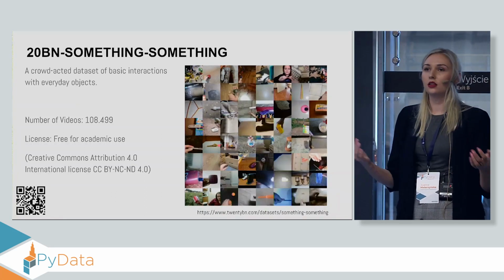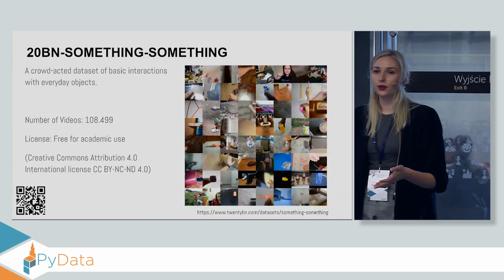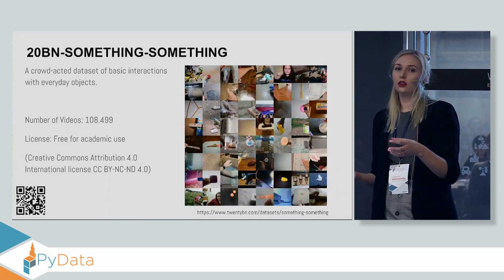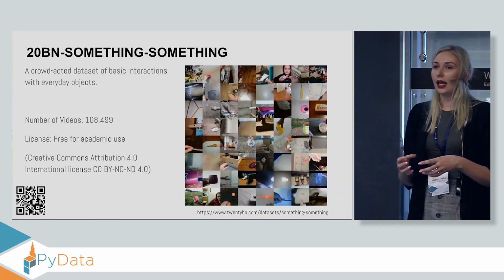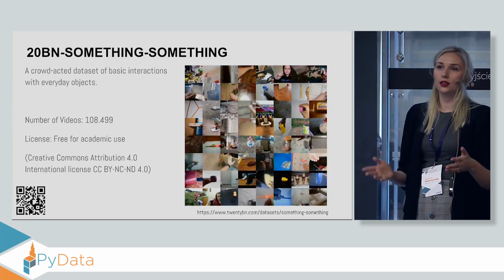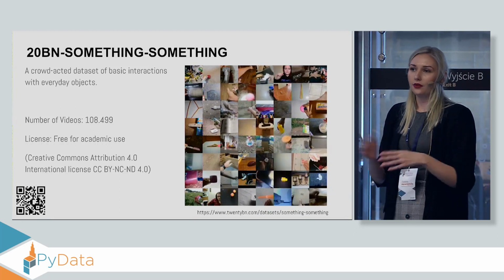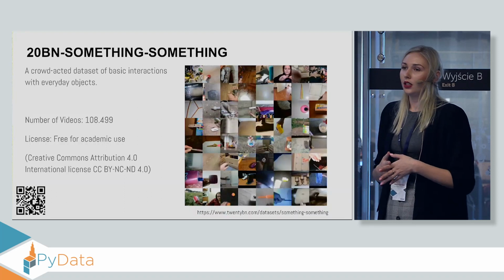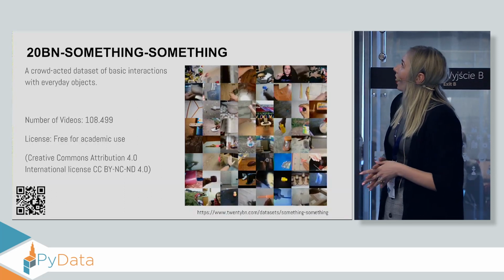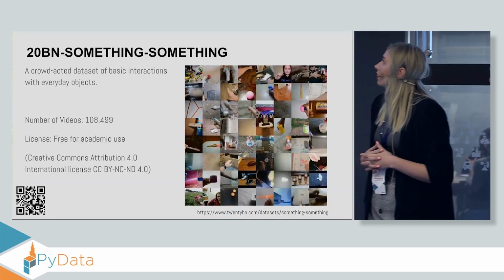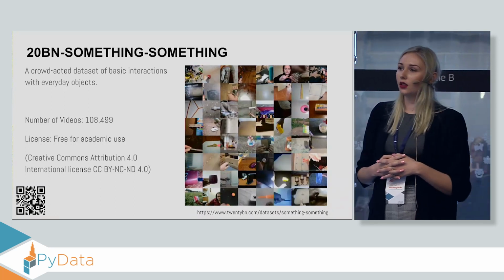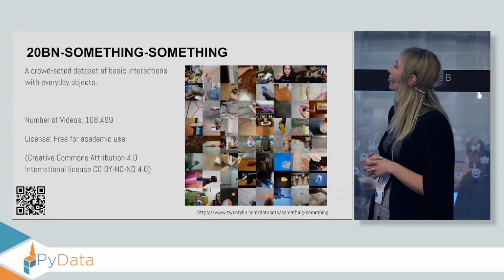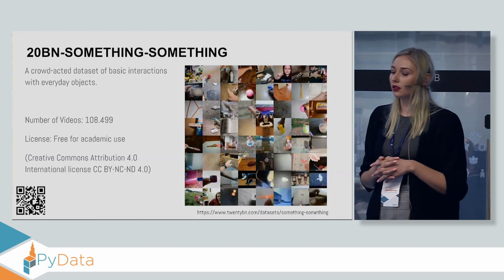It's called something something because you would find labels such as moving something towards something, and the workers would fill in the something something, so they would use everyday objects that they choose to. This data set has around 110,000 videos, and it contains, I think, 170 labels.